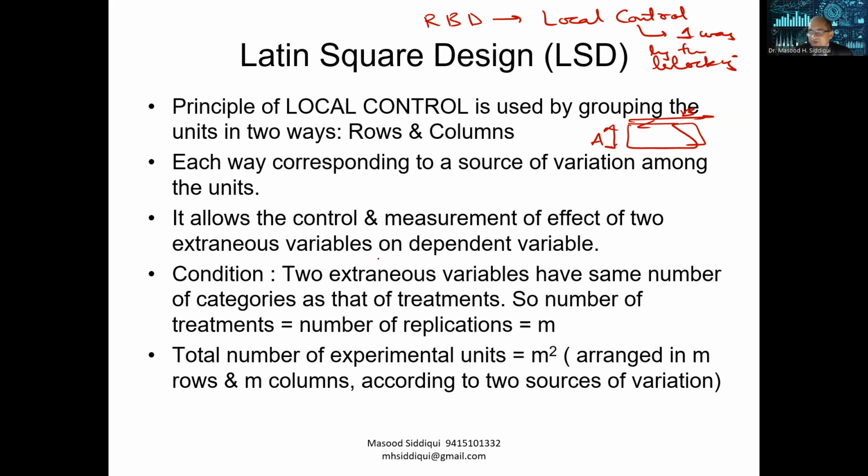Means if A has M categories, that is I varies from 1 to M, then B must have M categories only. That is J from 1 to M. Okay. So the two extraneous variables have the same number of categories and they are equal to the number of treatments.